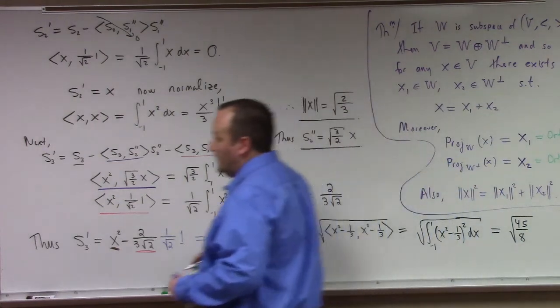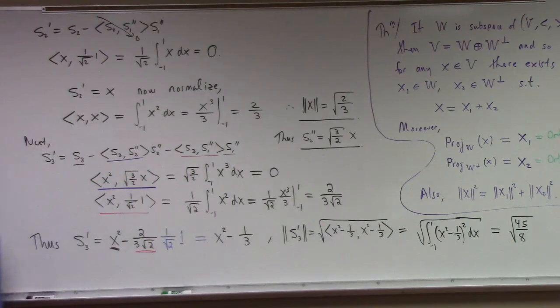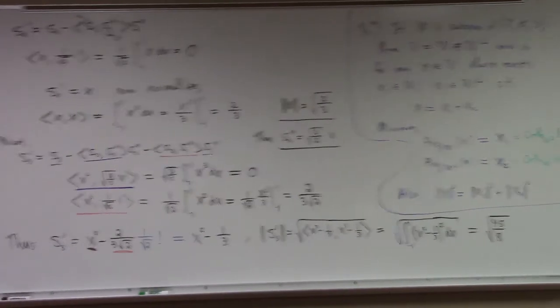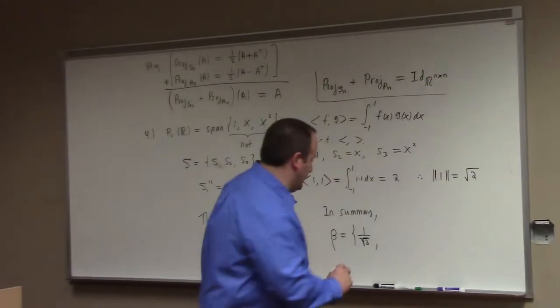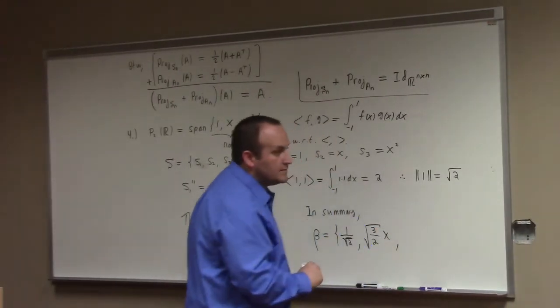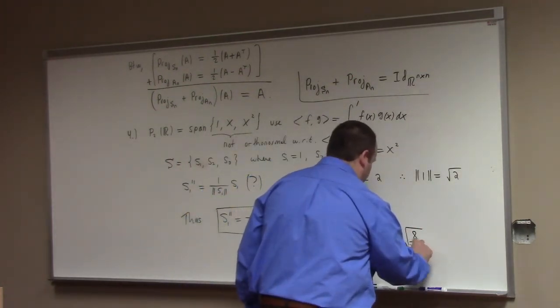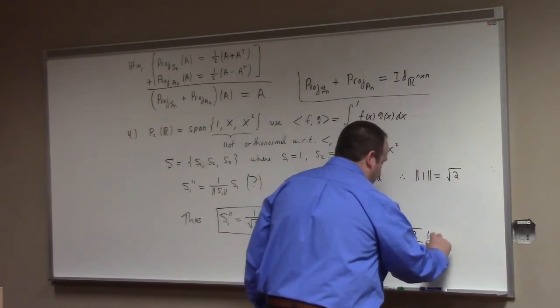So, in short, what we have found, if I can summarize over here, we have a basis beta equal to 1 over root 2, square root of 3 over 2 x, and then square root of 8 over 45 times x squared minus 1/3.